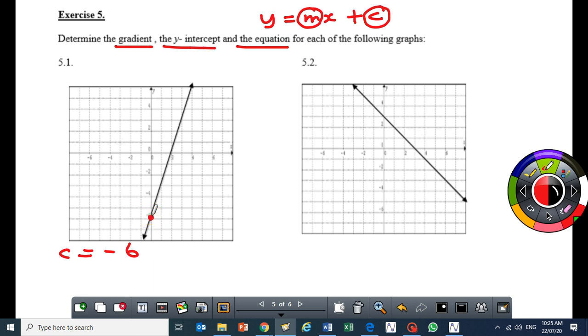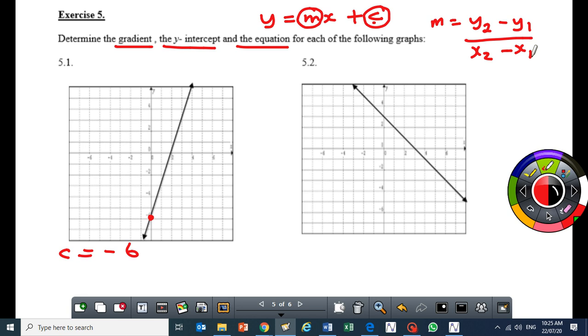Later I'll put that minus 6 here. I now need to find m. To find m, you need to remember that m is equal to y2 minus y1 over x2 minus x1.